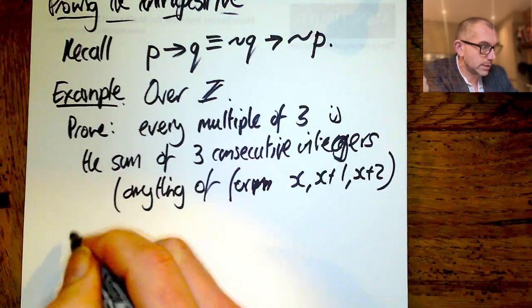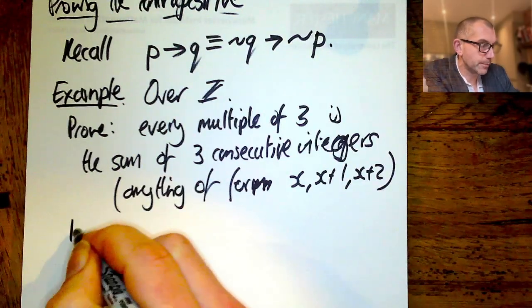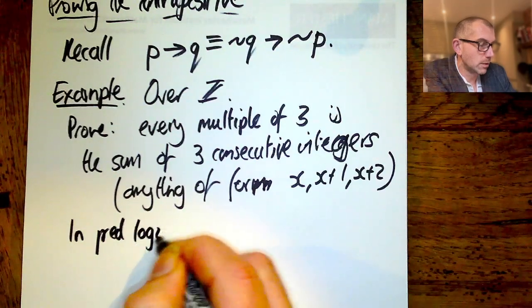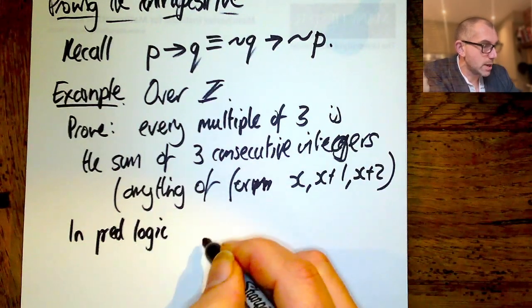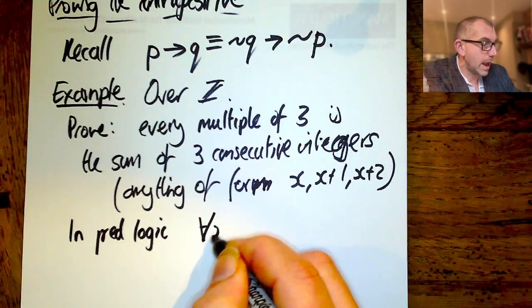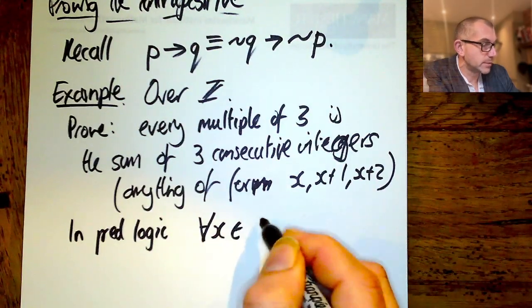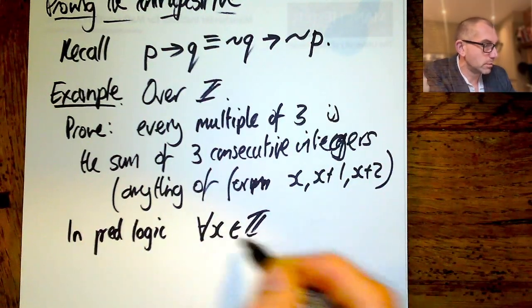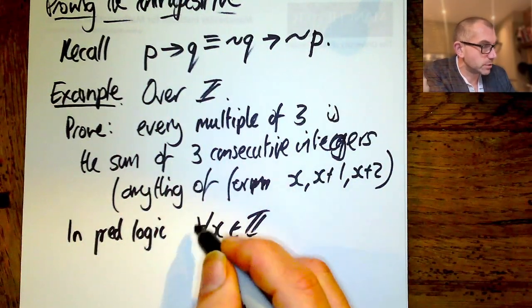So translating the statement into predicate logic. In predicate logic, we're going to say, for all x in Z, so that's going to be all of the possible things I might be interested in.